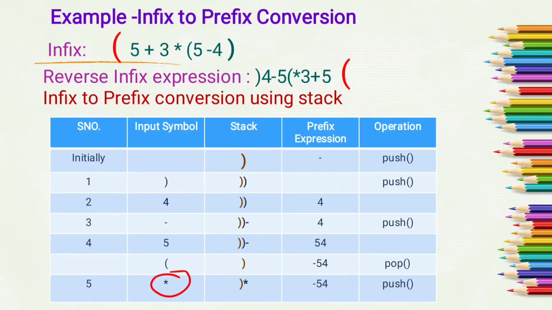As the closing bracket has lower precedence than minus, we can push minus into the stack. Here you can see when multiplication is encountered, this multiplication has higher precedence than the top operator of the stack, so we can push multiplication into the stack.